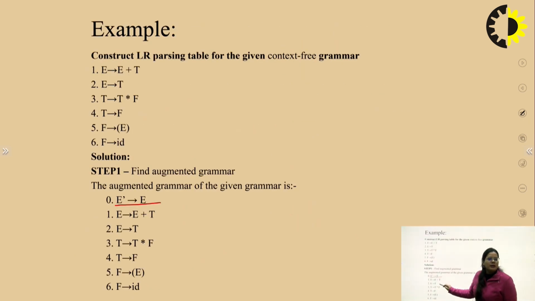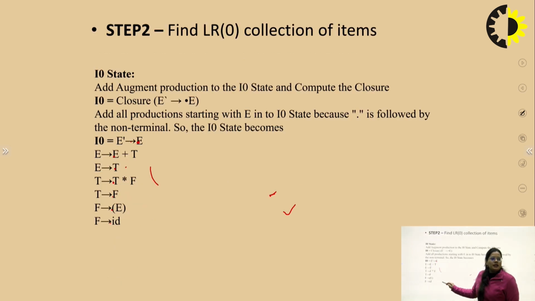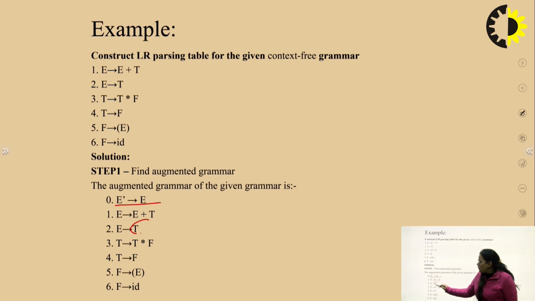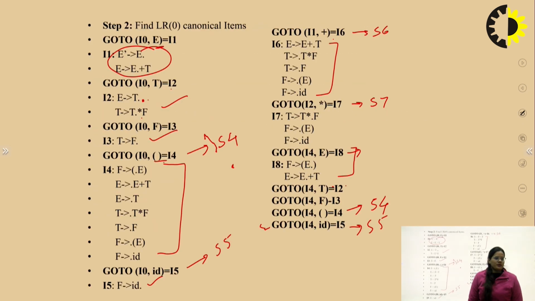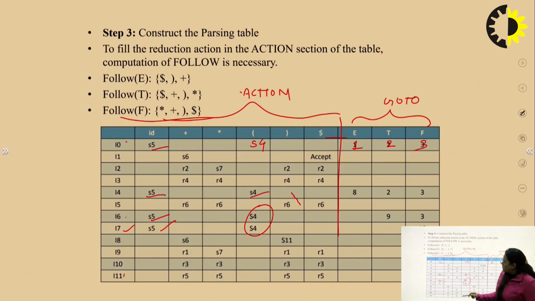This is the second production, so we make an R2 entry in follow of T. The follow of T is dollar, plus, closing bracket and star. So in I2, R2 and R2.